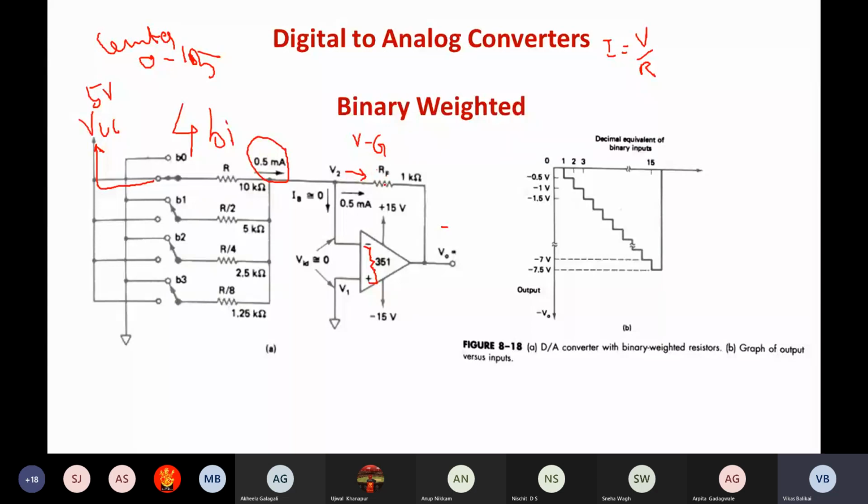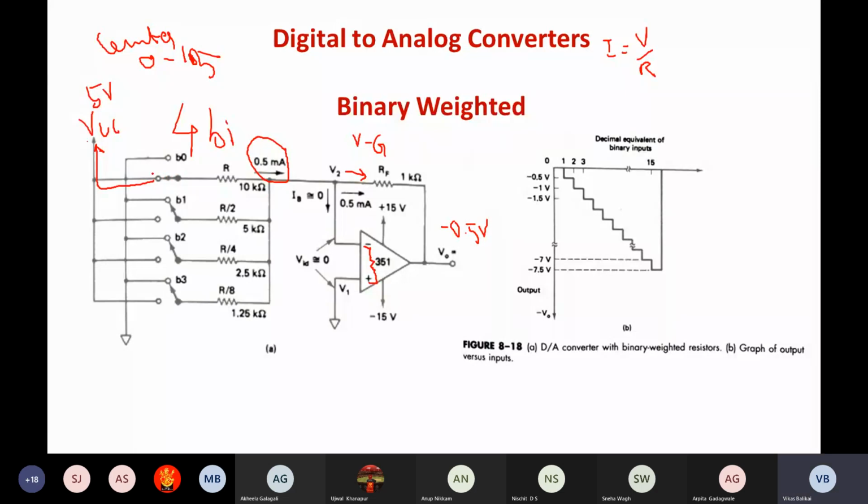This in turn produces 0.5 milliampere multiplied by 1 kilo ohm, which is a voltage of 0.5. And because the input is connected to the inverting terminal, I'm going to get the output as minus 0.5 volt.